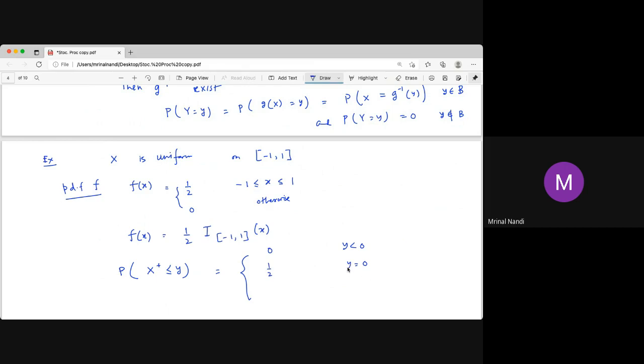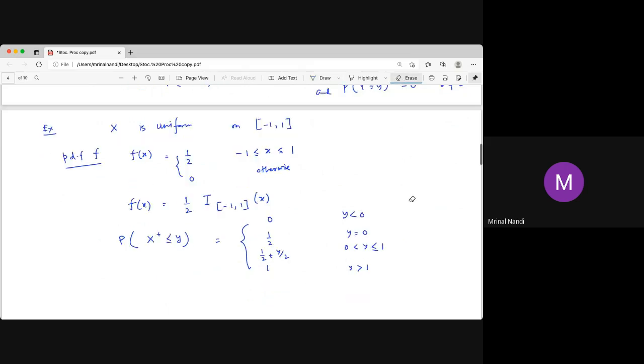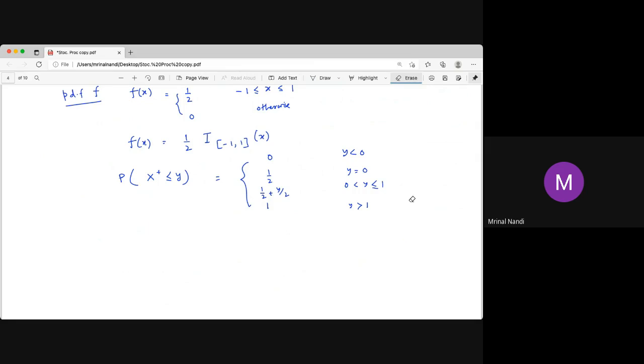If y is greater than 1, then it is 1, and between 0 and 1 it is just half plus y by 2. You can easily check that. So there is a jump at y equal to 0.